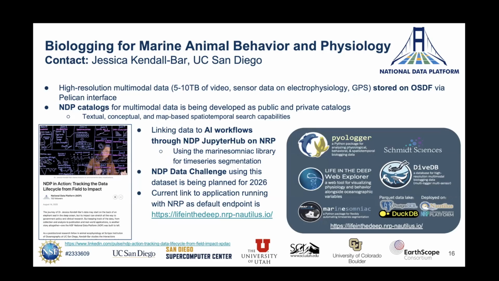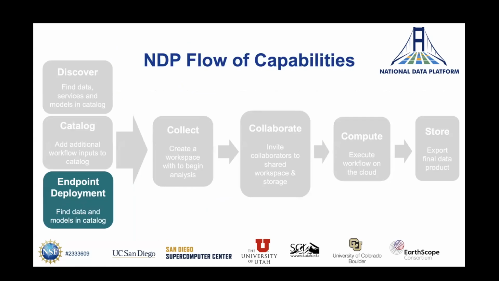Having NDP catalog her data and providing her example in an NRP, National Research Platform, compatible way really helped her to design her collaborative communities and bring it to others who could benefit from this data, like governments who care about the biodiversity of these animals, and also educational settings again.